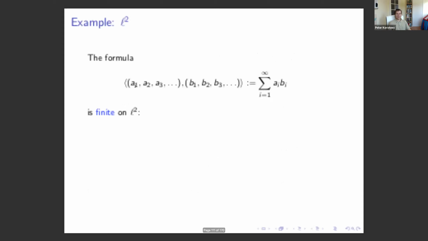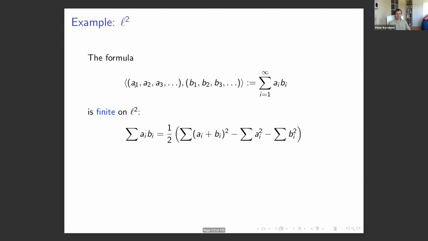And now the formula here is finite on L2. You can take the product of ai and bi, and by algebraic manipulations this is equal to 1/2 of the sum of (ai plus bi) squared minus the sum of ai squared minus the sum of bi squared.